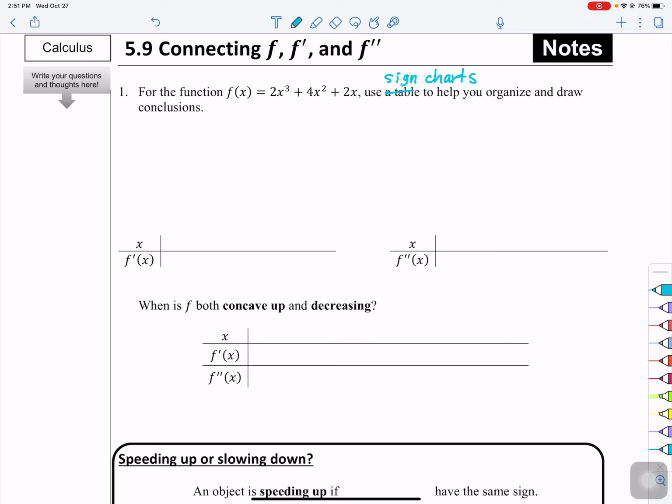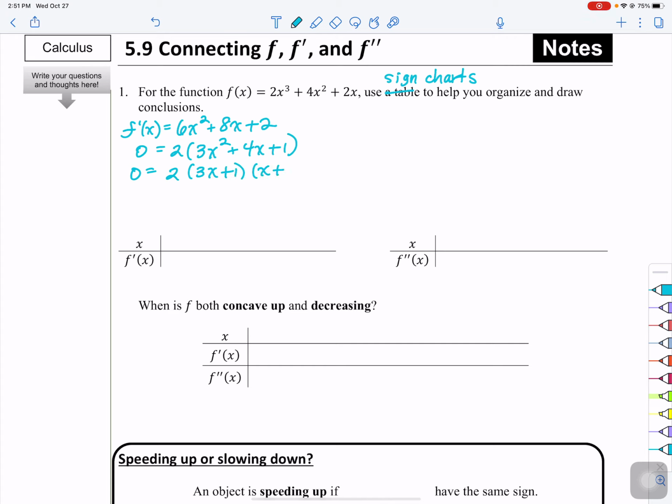Okay, so let's go ahead and find the first derivative. I'll let you do that. You can pause the video if you want. And here we're going to go ahead and set that equal to 0 and get that factored.